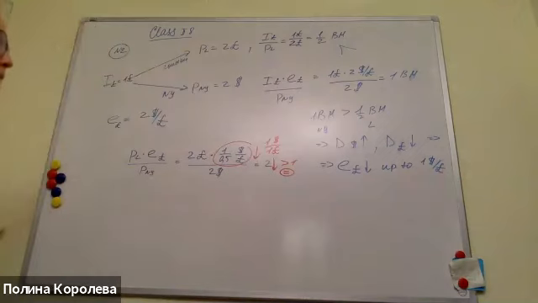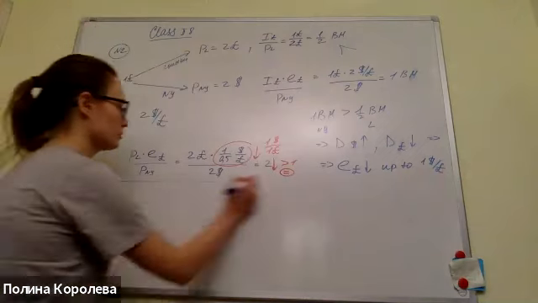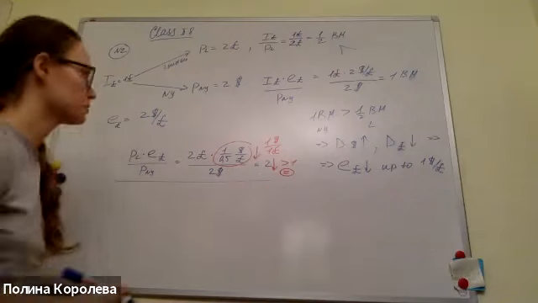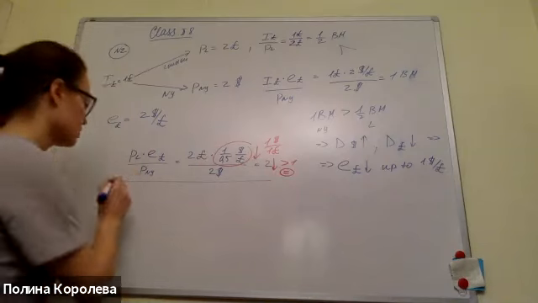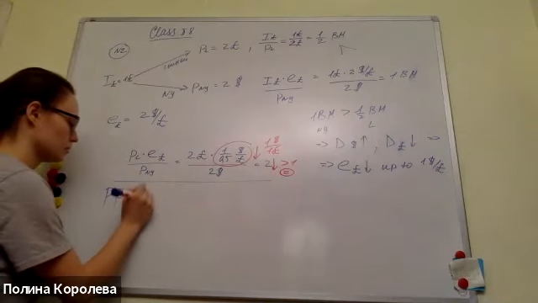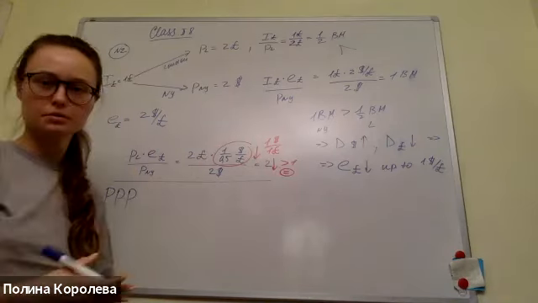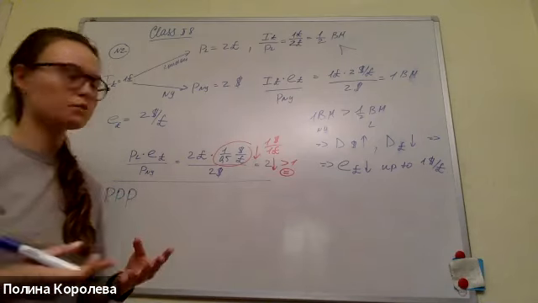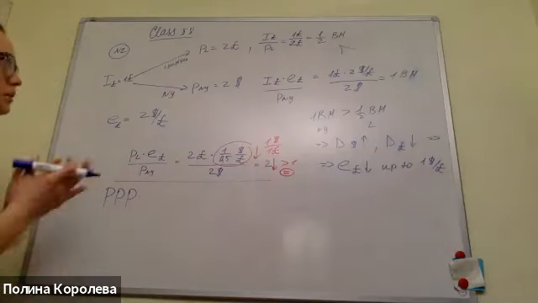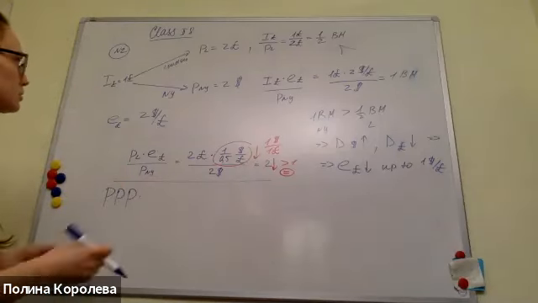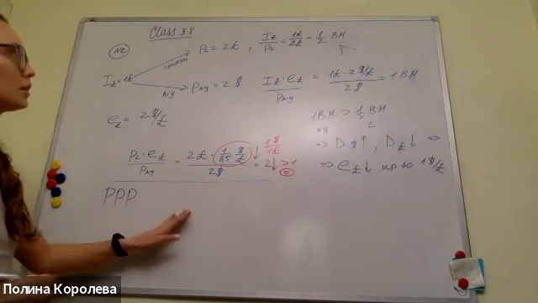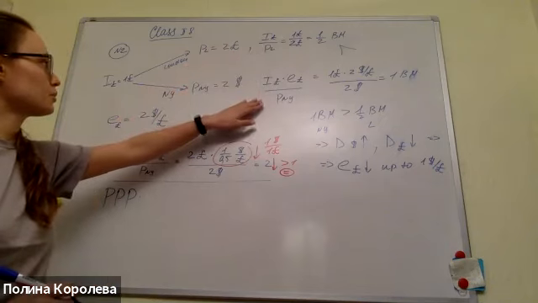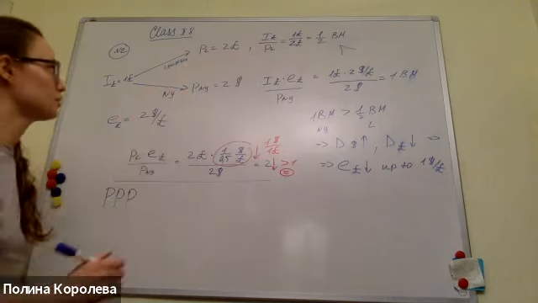Agree? So, how do we get this formula that Diane explained to us? According to purchasing power parity, it should be in equilibrium. It doesn't matter where to buy. We can buy the same amount of goods in both countries, in both cities. So the amount of Big Macs that we can buy in London should be equal to the amount of Big Macs that we can buy in New York.